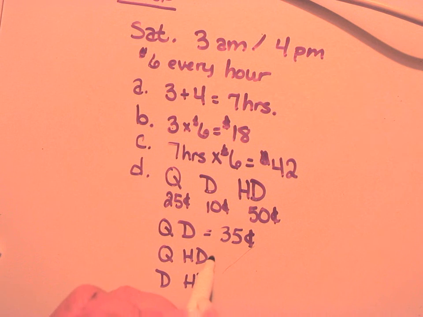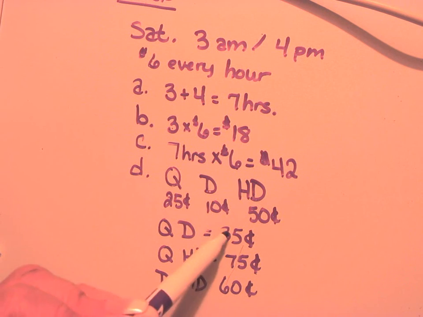Add those two together, we get 75 cents. And then that last one, the dime and the 50-cent piece, we have 50 plus 10, which gives us 60 cents. So when we look back at name the amounts, we could have 35 cents, 75 cents, and 60 cents.